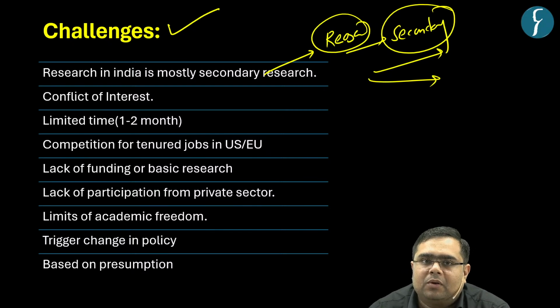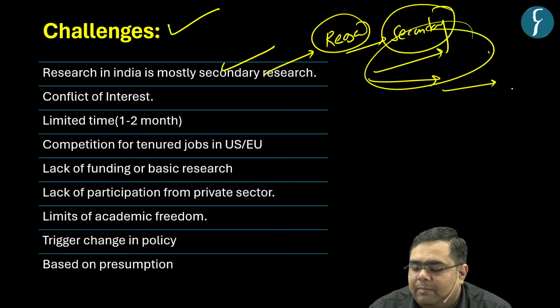Basically I have to discipline myself in the context of the existing methodologies, but I define the contours of my research and then I come out with an outcome. What is the problem with Indian researchers is that they take up that primary research and build upon that primary research.